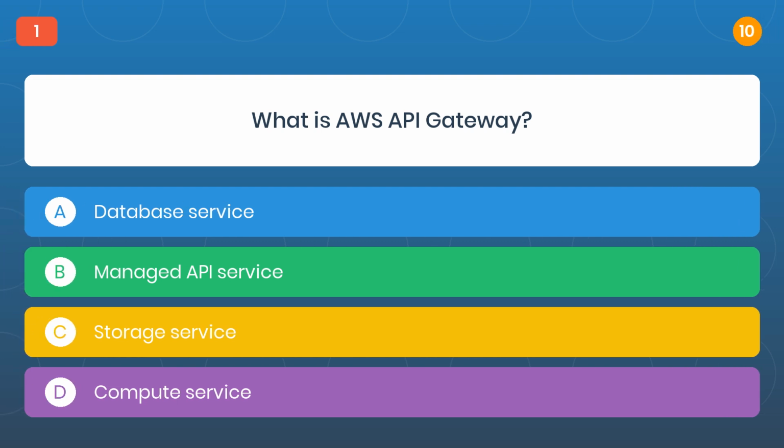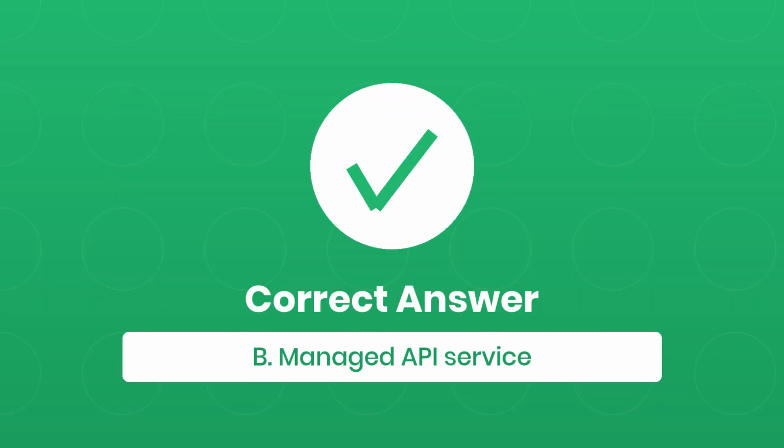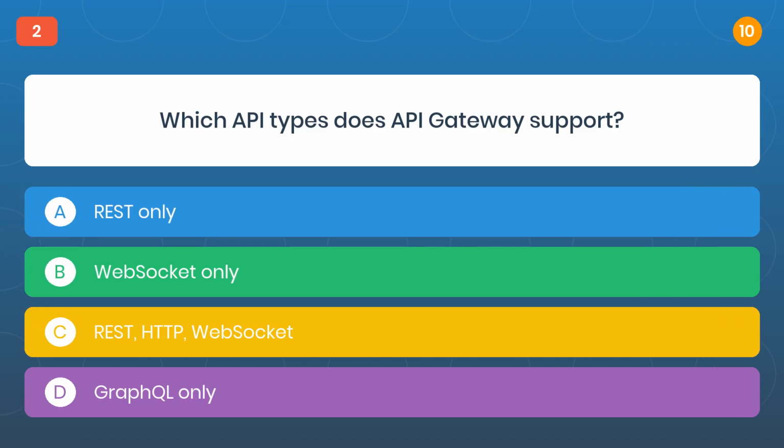Question 1. What is AWS API Gateway? The correct answer is B, Managed API Service. Question 2. Which API types does API Gateway support?